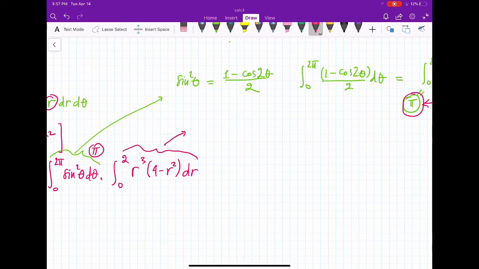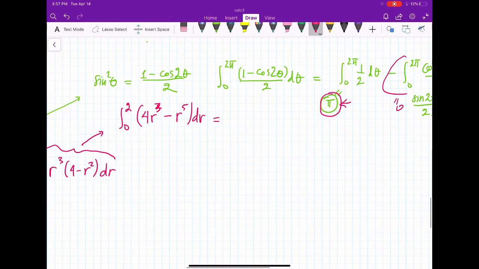But that is also easy. You can see that it is from 0 to 2. We have 4r cubed minus r to the 5th dr, right? We use the power rule here. The first one is r to the 4, because 4 with 4 will be cancelled already. And here I have r to the 6 over 6, right? Evaluated from 0 to 2. At 0, the function is 0, so we need to evaluate at 2.